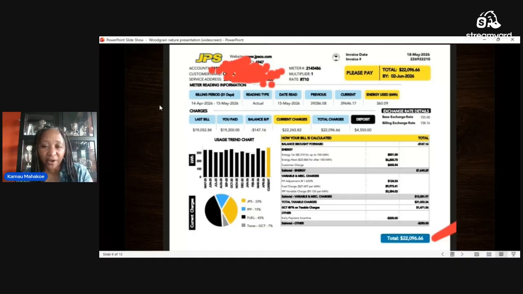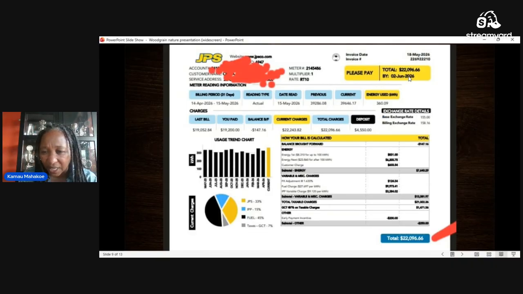Now in the yellow here, the current charges, so that's how much money you're being charged for the kilowatt hours that you use for this month. And if you paid extra and JPS is going to deduct that, then you'll get your total charges, and that's the amount that you're going to be paying.